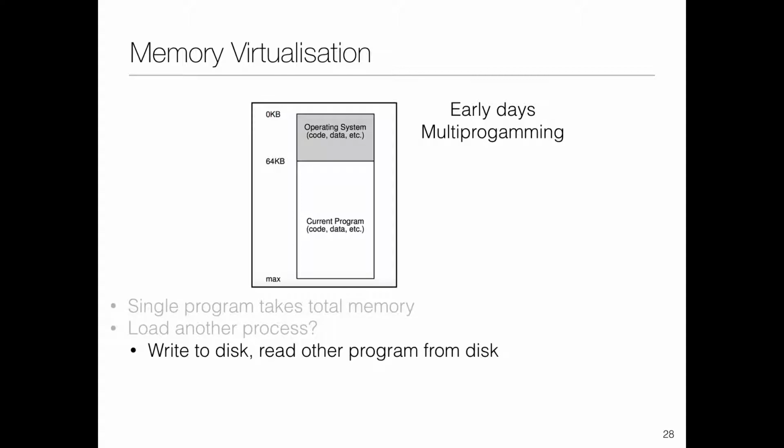You write to the disk, and correspondingly, if you have to bring the other program into memory, you'll have to read it from the disk again. Very slow process. You should look up the benchmarks of HDD versus RAM versus SSD to get a fair idea of why it is a bad idea to have a single process in memory at a given point of time.